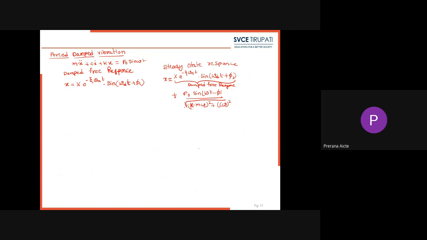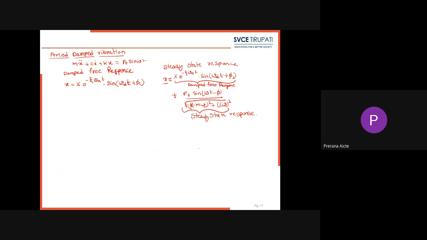So this is representing the steady state response. And again, the whole term is nothing but the steady state response only. But exclusively, if you want to represent the steady state response term, then you can represent this term.